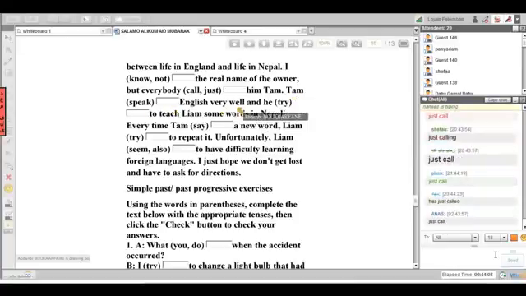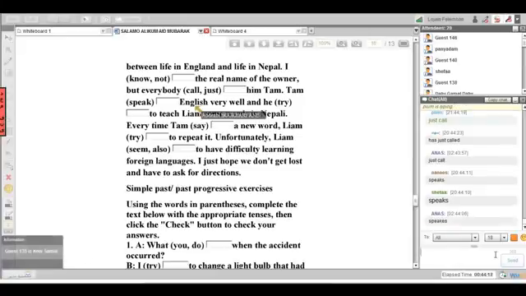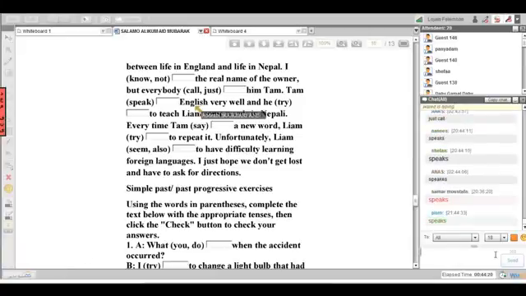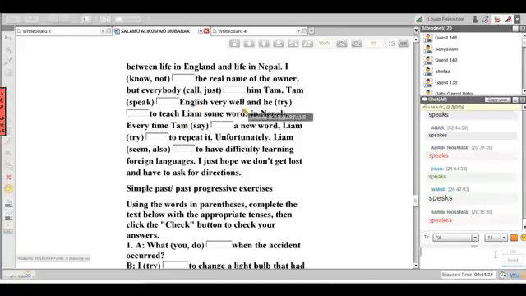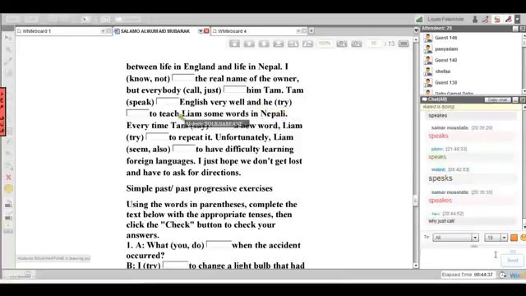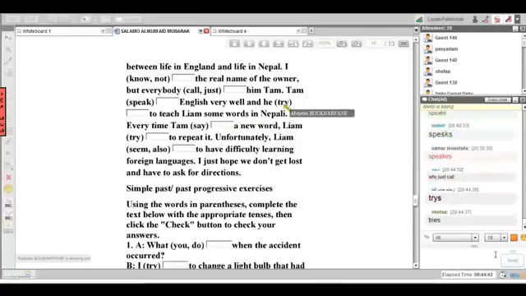So right now Liam sits with the owner of the inn. Is sitting, yes. They discuss the differences between life in England and in Nepal. They are discussing. Yes, they are discussing.